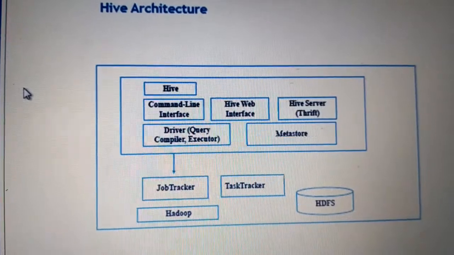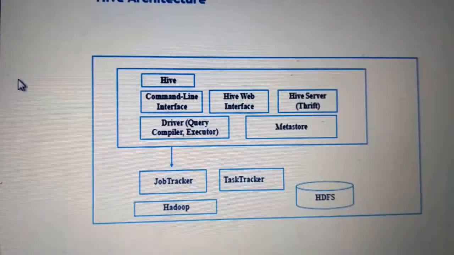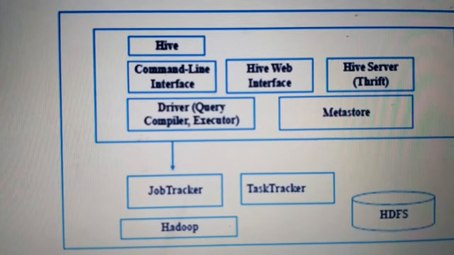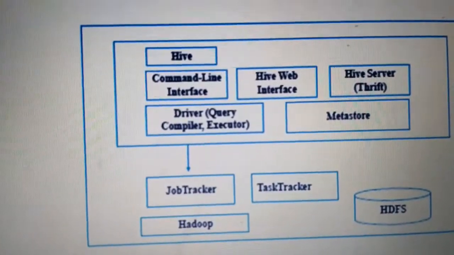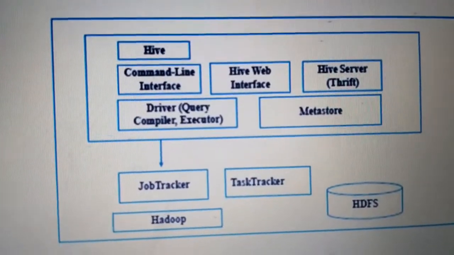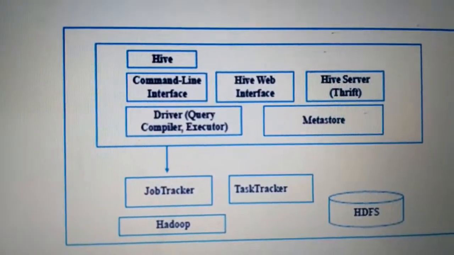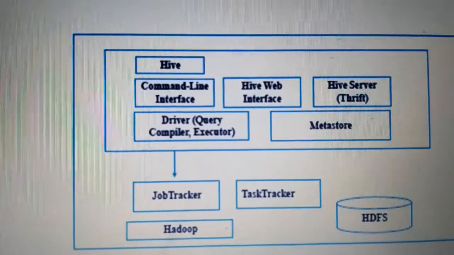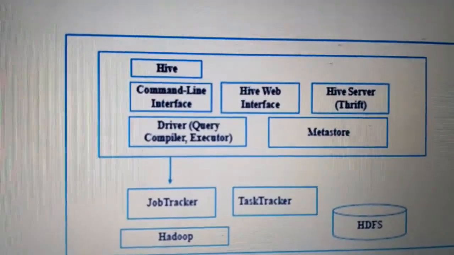At the top you have Hive, then command line interfaces, then Hive web interface, then Hive server thrift, then drivers, then metastore, then job tracker, task tracker, Hadoop, then HDFS. We know now the working of job tracker, task tracker, and also the Hadoop system and HDFS. Then what do you mean by metastores? All these things we have already discussed in the Hadoop chapter.